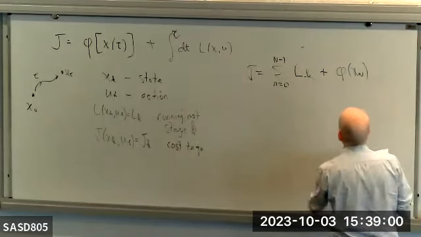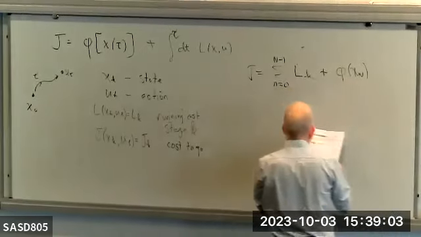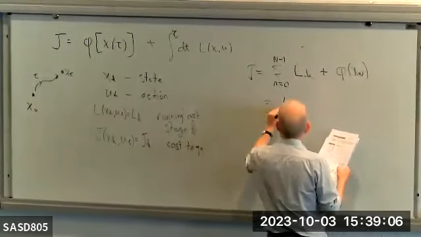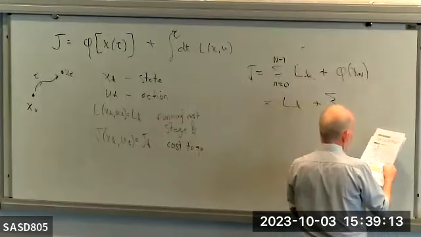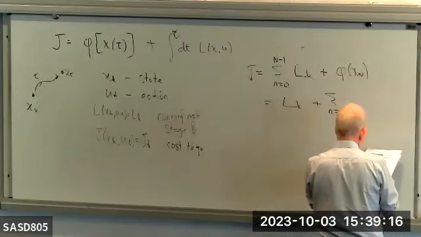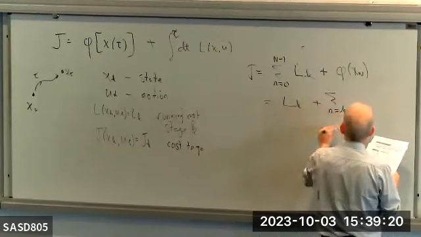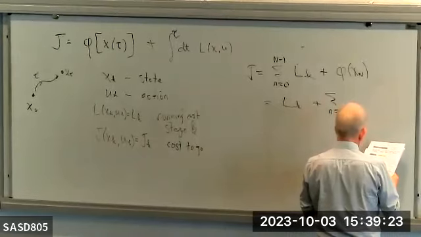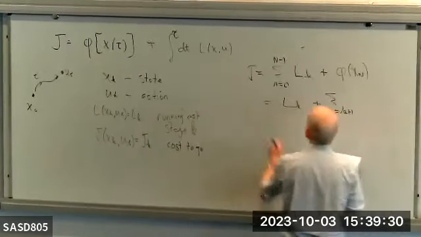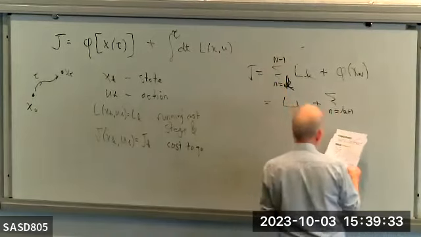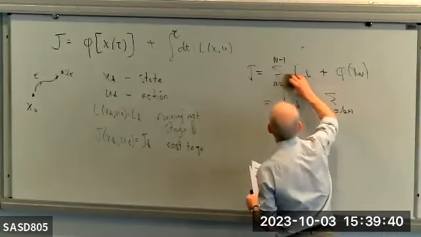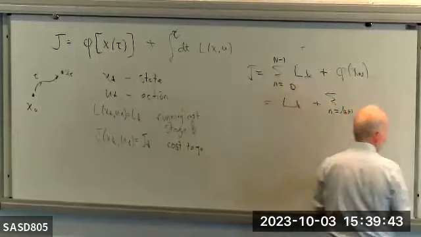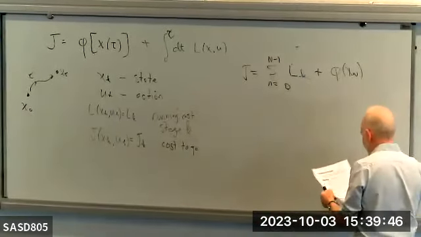So this is a sum of a running cost plus a final cost, and we can decompose this into the lk for just one stage, plus the sum starting from... Sorry, I'm just skipping too many steps.